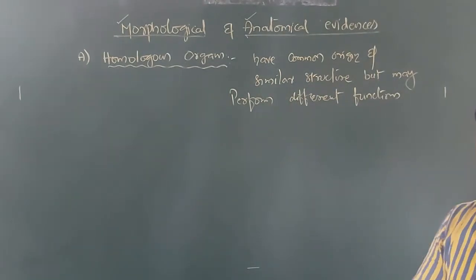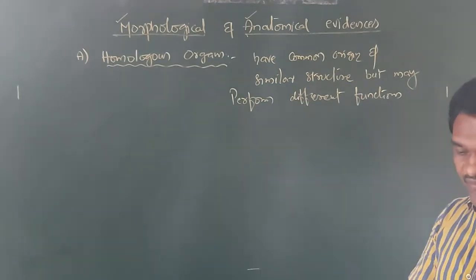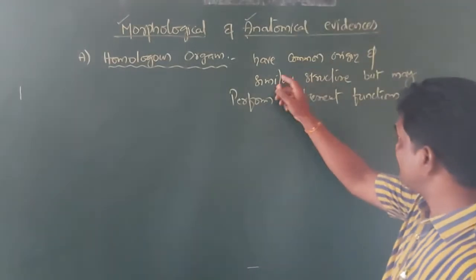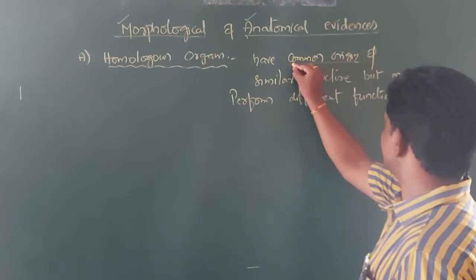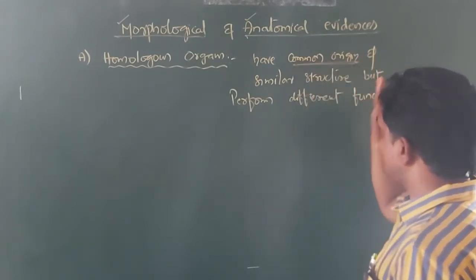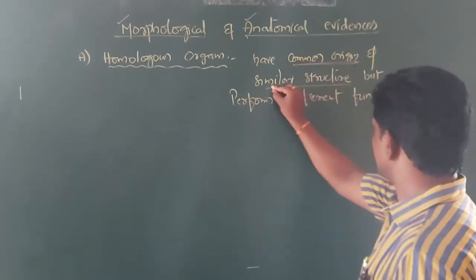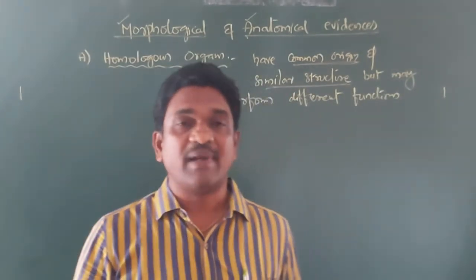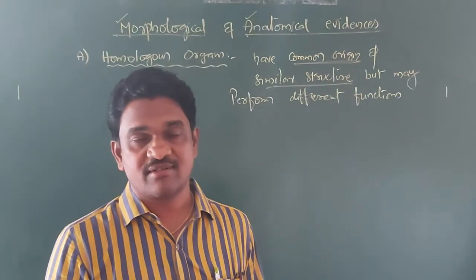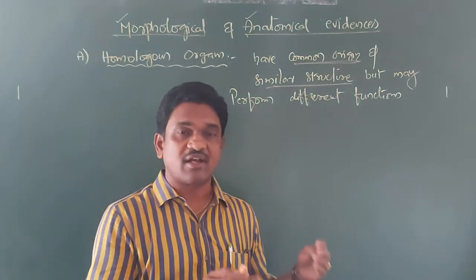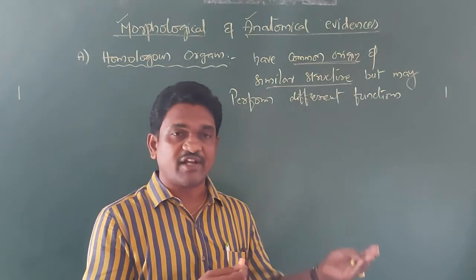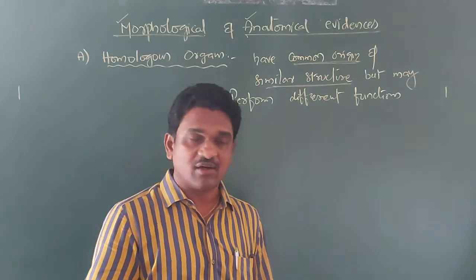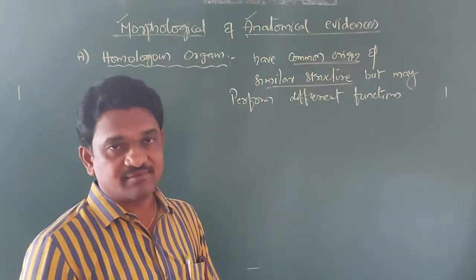See the definition? Homologous organs are organs of organisms that have common origin. This is important: common origin and similar structure. Origin must be the same, structure must be the same, but they may perform different functions. So organs with the same structure and origin, performing different functions, are called homologous organs.